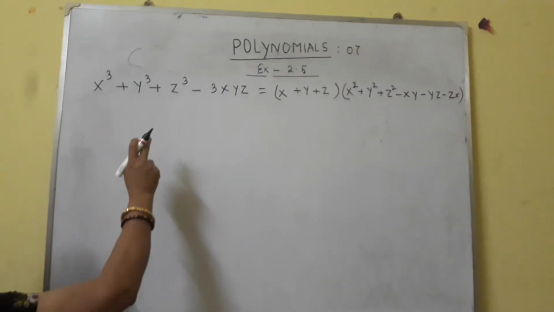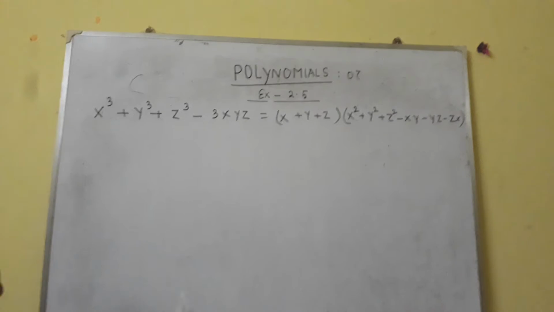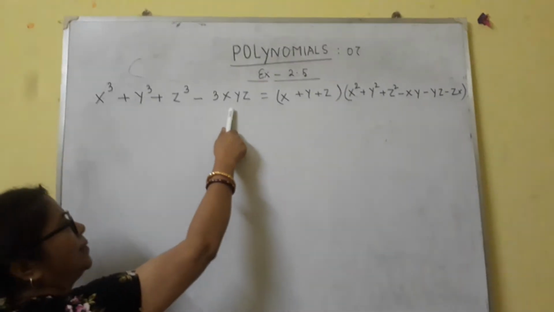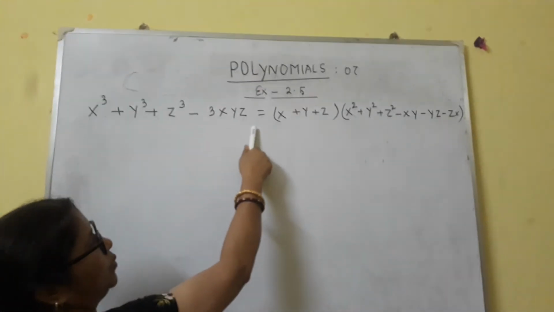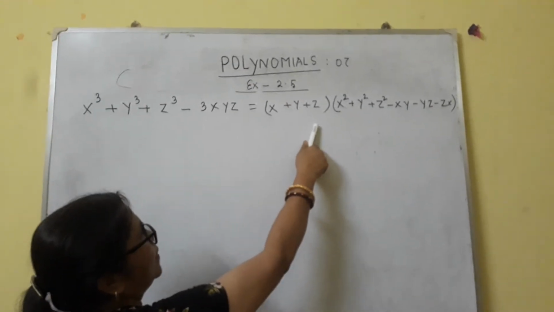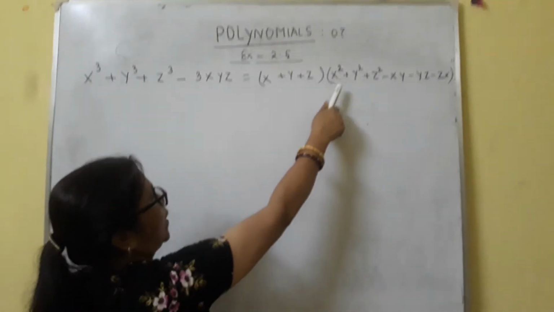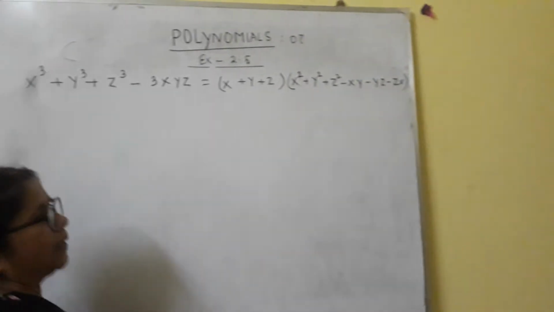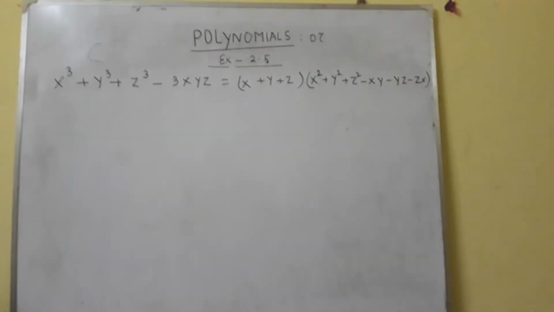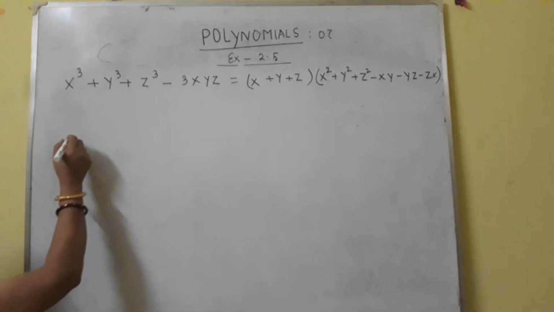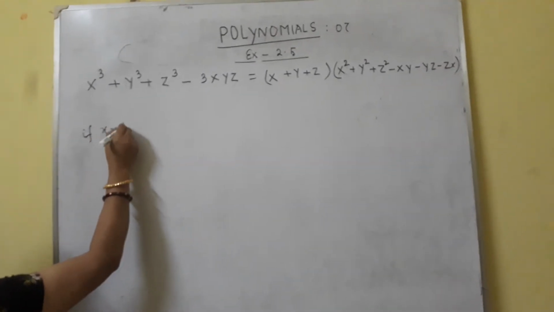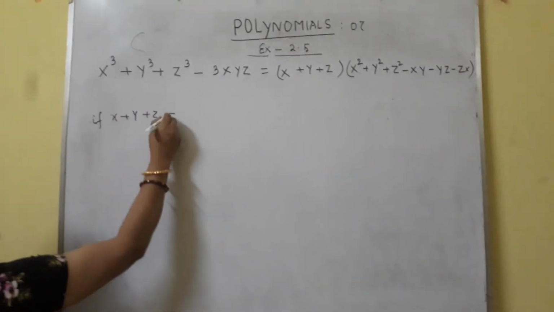Next we will use this identity to solve the sums: x cube plus y cube plus z cube minus 3xyz equals x plus y plus z into x square plus y square plus z square minus xy minus yz minus zx. Suppose x plus y plus z equals 0.